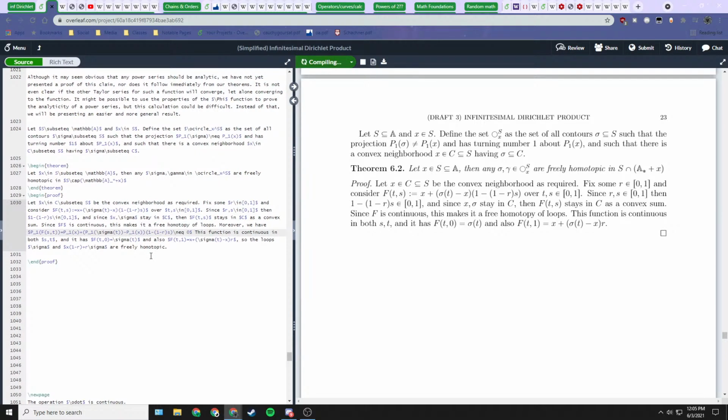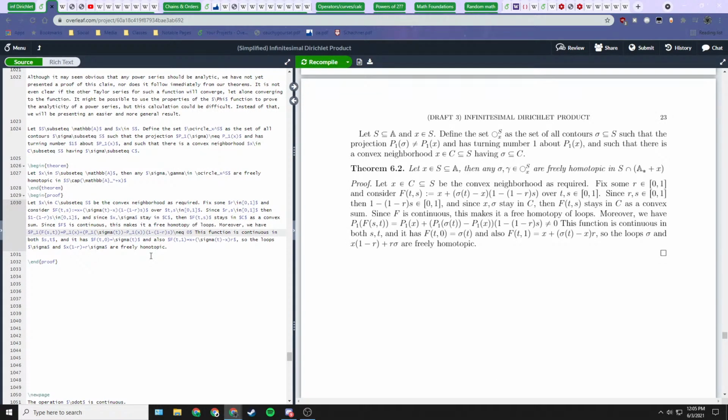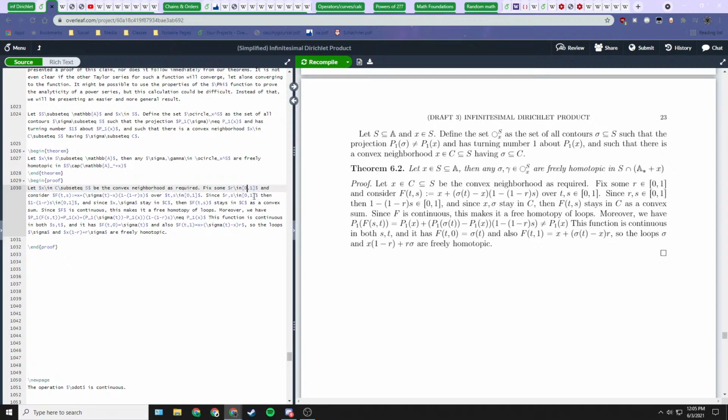And this is going to be non-zero because we're just scaling it in the direction of x, but not totally. Sorry, not zero, not P1 of x. Actually, we want to say r is, well, let's restrict r to be greater than 0. That's required.